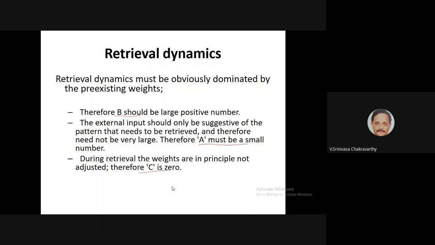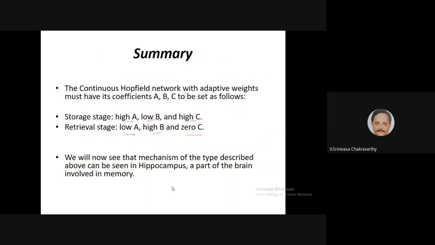And the weights are supposed to have already been trained, so they are not updated anymore. So C should be either 0 or a very small number. In summary, we concluded in the last class that during the storage stage, you have high A, low B, and high C. During the retrieval stage, you have low A, high B, and 0 C or low C.